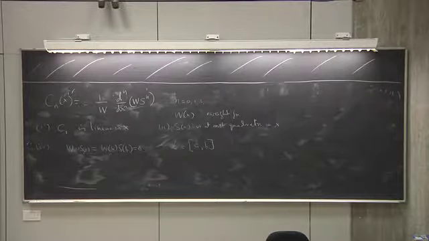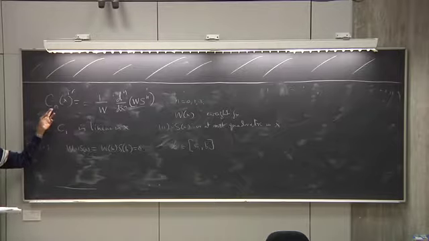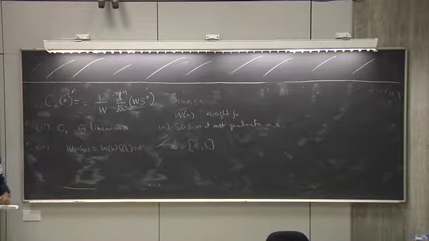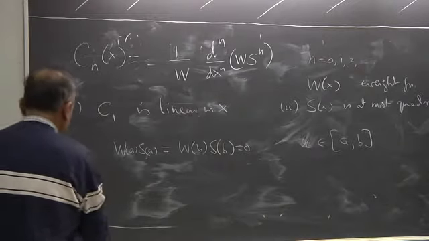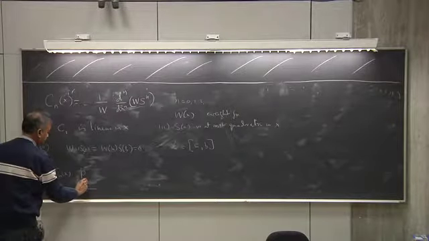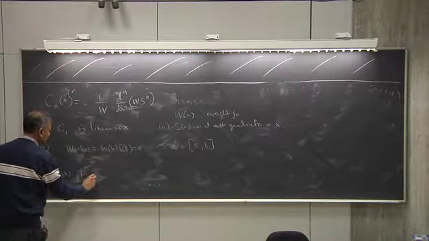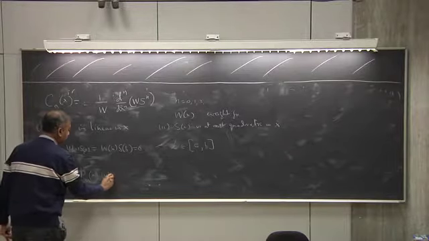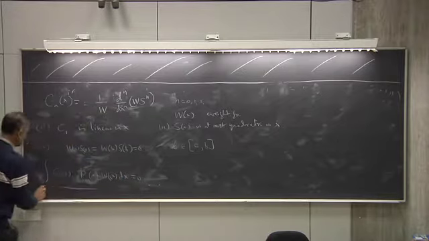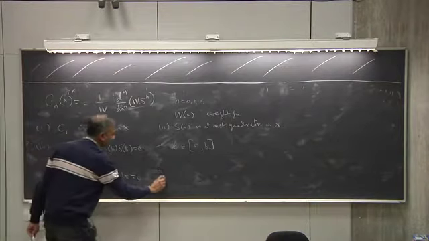And with these three conditions, we showed that these C_n(x)'s were orthogonal to each other. They are not necessarily orthonormal; we have not normalized them to 1. But what we have shown is that the integral of C_n(x) with any polynomial P_m(x) times w(x) dx equals 0 when m is less than n.